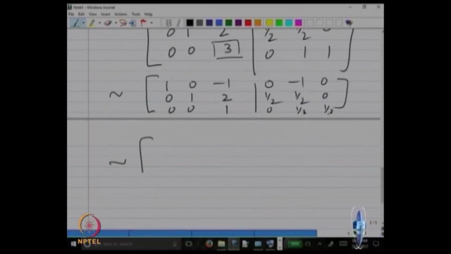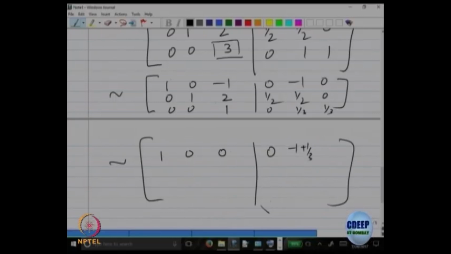Still I am not complete, because pivot is 1 in the last column, everything else should be made as 0. So, what shall I do? Add it to the first one. So, 1, 0, 0. When I add, so this is 0. So, minus 1 plus 1 by 3 and 1 by 3. So, that is 0, 1. Okay. I want to make this also, let us do simultaneously now.